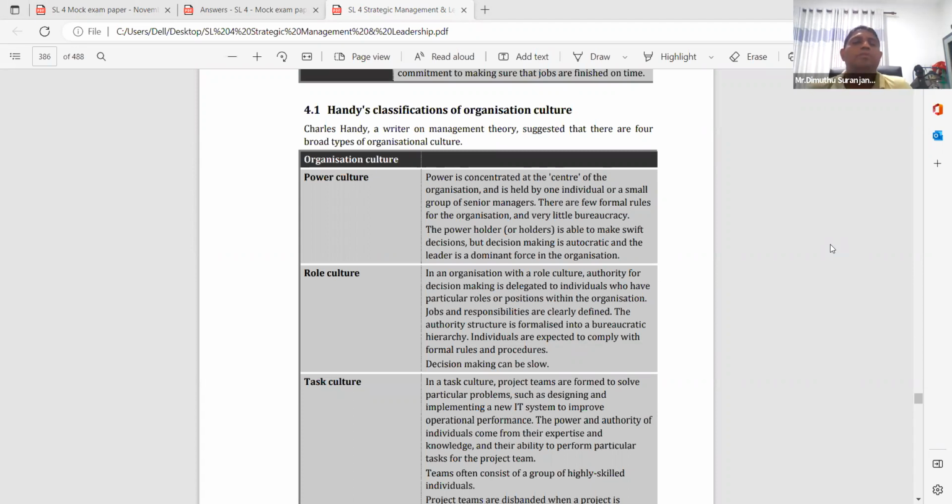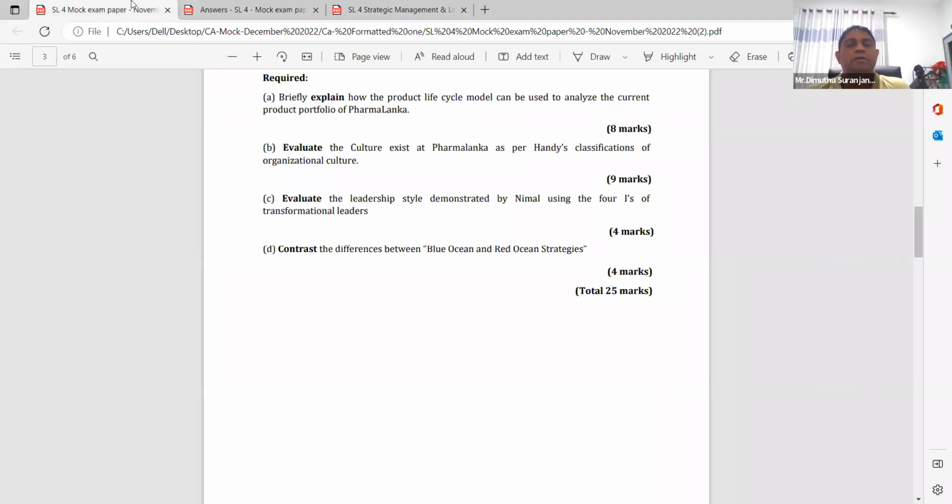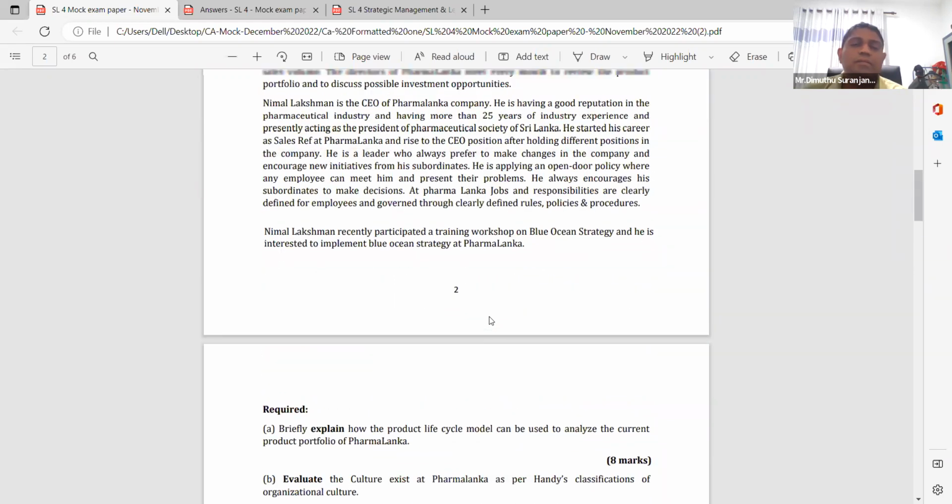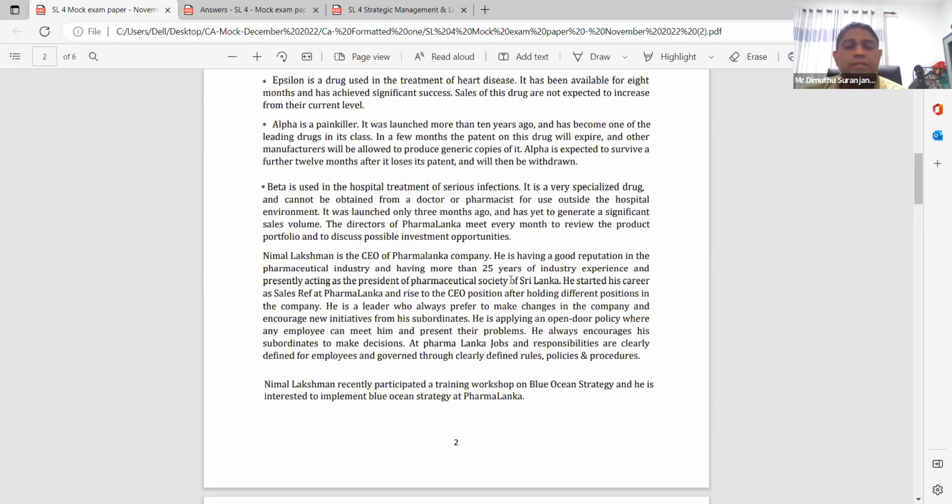Now if you look at this question, its requirement is to evaluate the culture existing at Pharma Lanka as per Handy's classification of organizational culture. Now we have to look at what features are given here regarding the organizational culture.